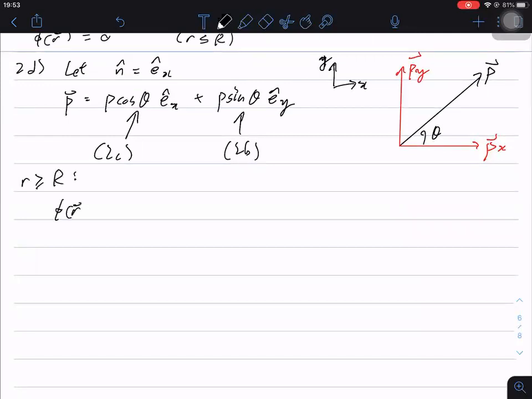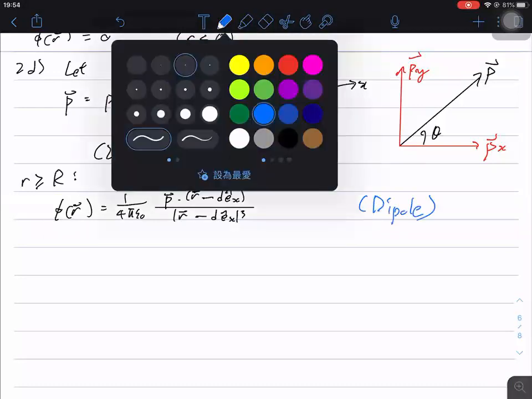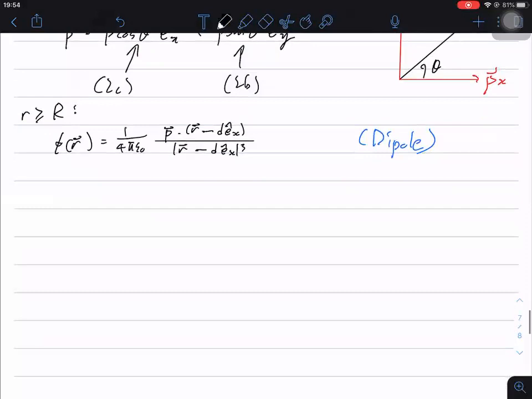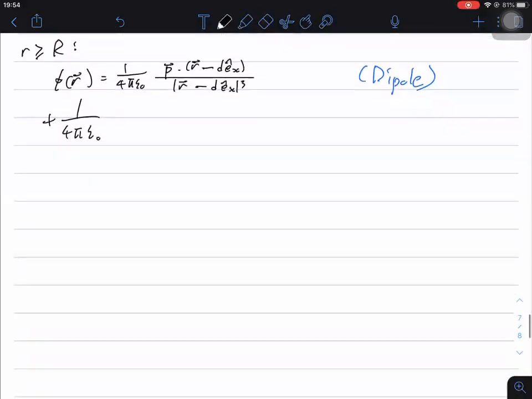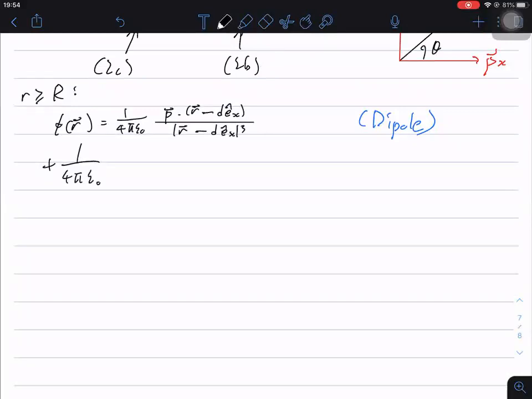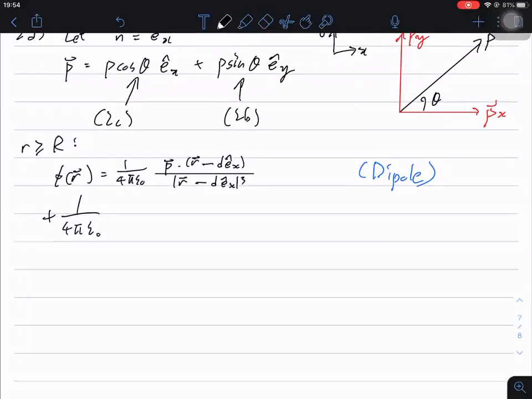So first of all, the very first contribution is the contribution of the dipole itself. So this one is the contribution of the dipole P. And then for the horizontal component, the parallel component, we can just use the solution of 2C and replace all the P with P cosine theta.